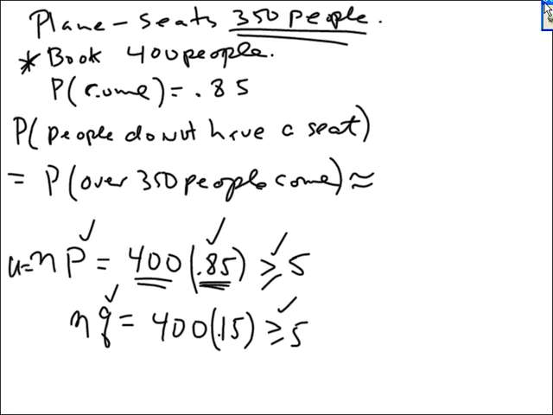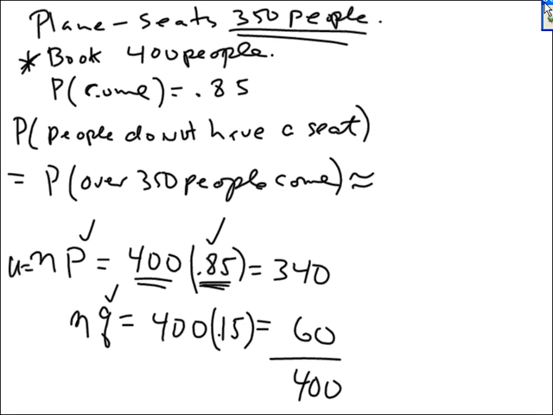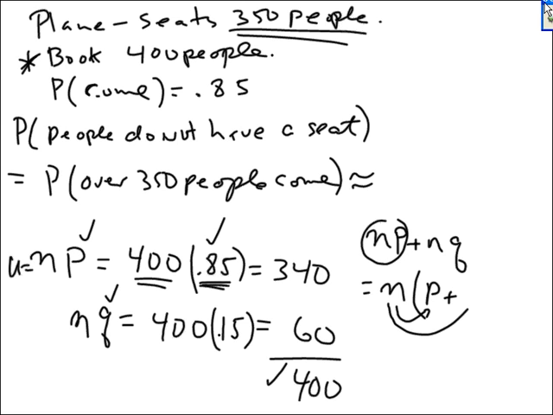So only because I need the mean, let me put down these answers. The mean is 340, and this is 60. A check would be that it adds up to the total 400. Why is that true? You have NP plus NQ, you can factor out N. N times P is this, plus N times Q is this.